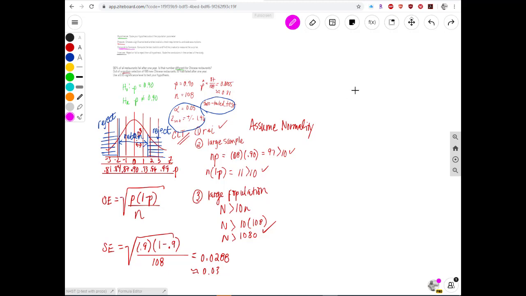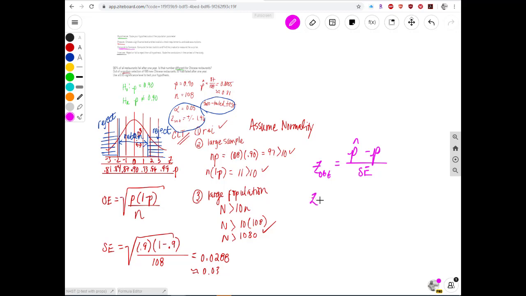All right, so in the compute and compare, I need to compute my obtained z-score. So I'm going to do it over here. My z obtained follows this formula. I'm going to take my p hat, and from that I'm going to subtract the population proportion and then divide it by the standard error.